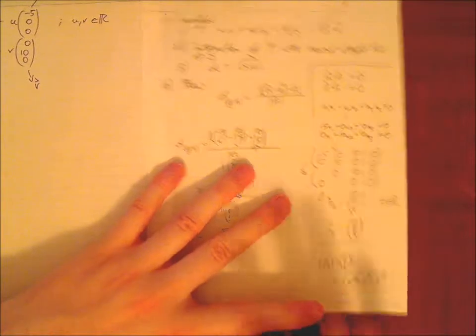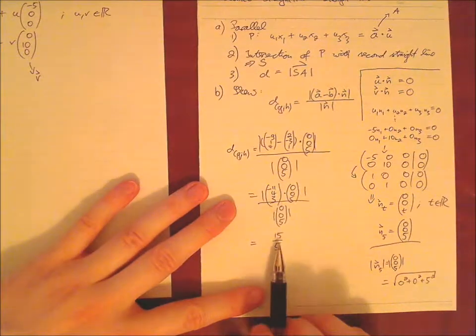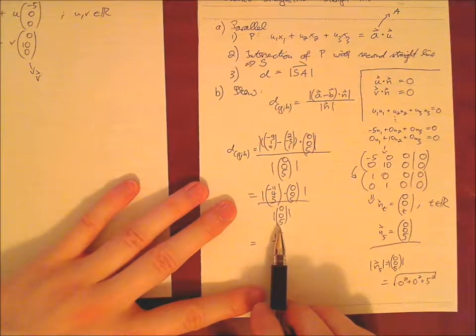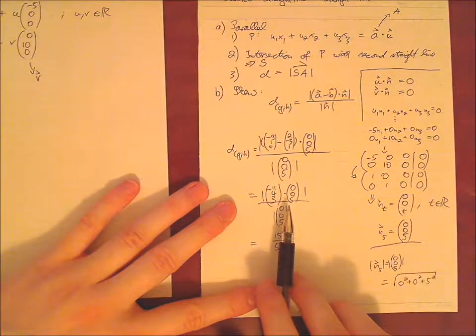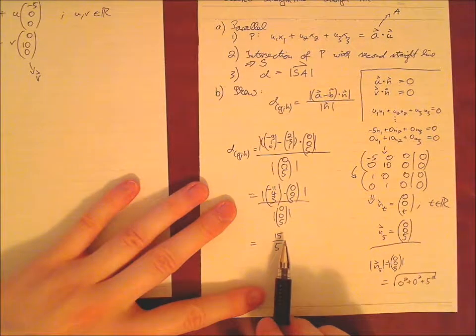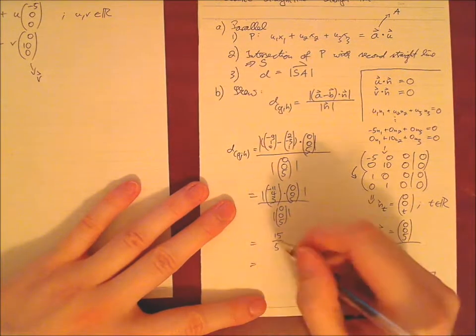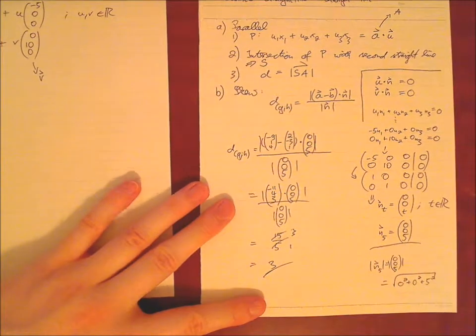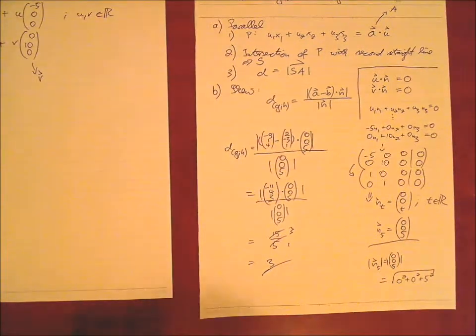So that's what I did here in my head, and I end up with 15 in the numerator, 5 in the denominator, and then I just have to cancel out, and 3 is the result. So we just calculated very quickly the distance between two straight lines which are skew.